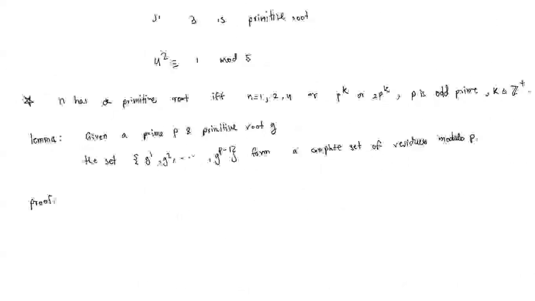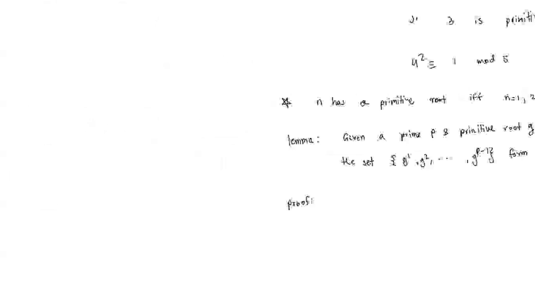I completed the proof that if n is 2 to the power k where k is greater than 2, then it won't have a primitive root. Would you like to share the proof? Yeah, basically we can take it mod 2.